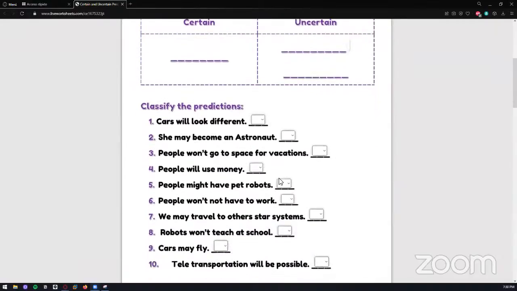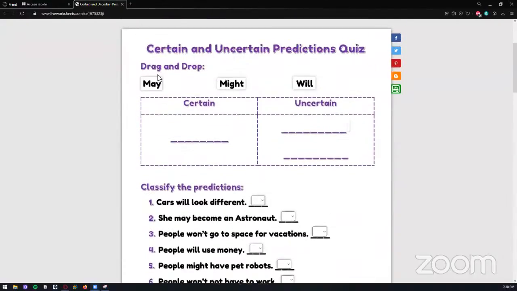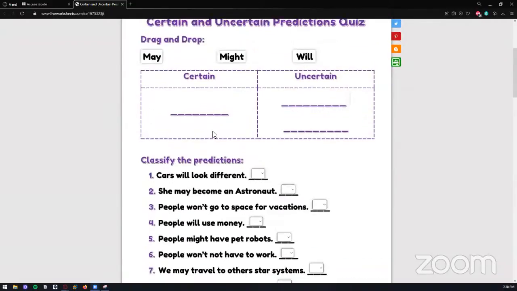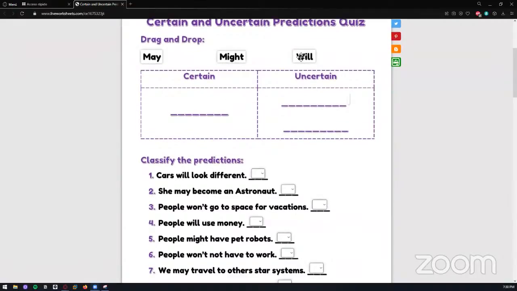What do you think? Should we move this? No, the ones on 1, 2, 3. You just, oh yes, I think you can drop it, right?